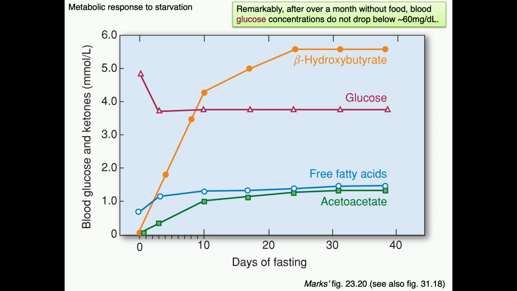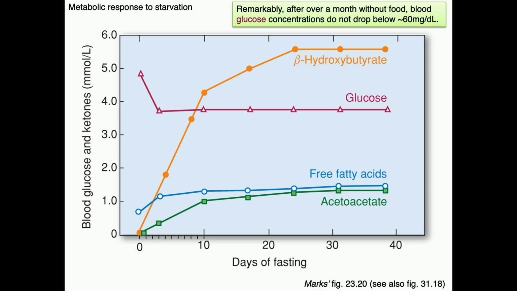Okay, so if we consider the abundance of different substrates within our body after we have eaten our last meal at time 0, and then we go for a month or more without eating. You'll notice first, the remarkable thing really is that the blood glucose concentration drops, but you can go over a month without eating and your blood glucose concentration doesn't drop below 70 milligrams per deciliter or so.